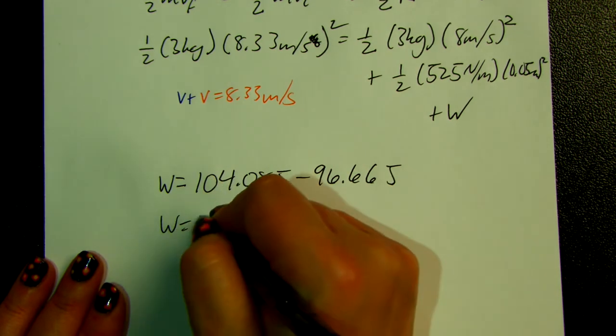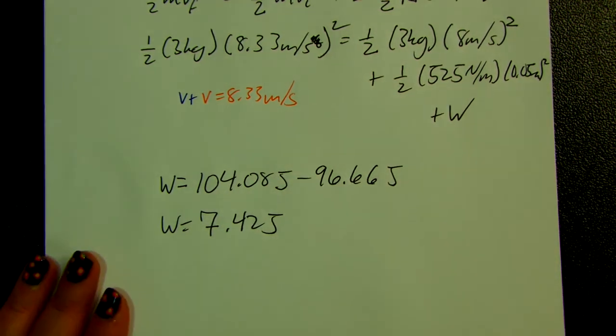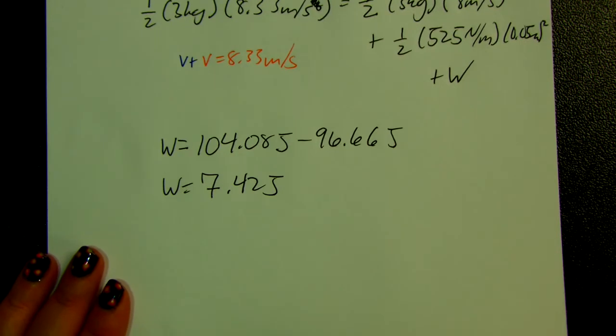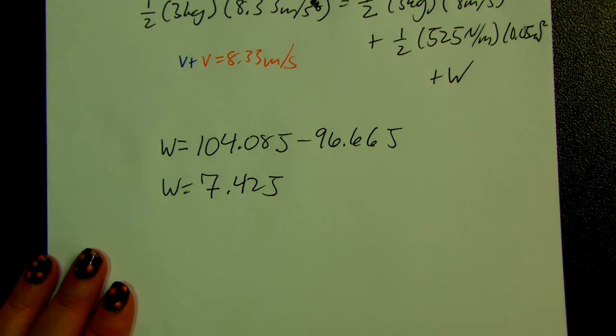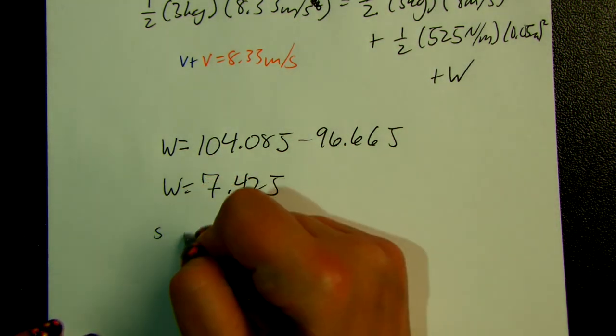Work is equal to 7.42 joules. So the wall is doing 7.42 joules of work on the spring mass system from the perspective of the observer. The energy principle still holds. We're just looking at it from a different perspective. And if you notice, the stretch of the spring is independent of the reference frame.